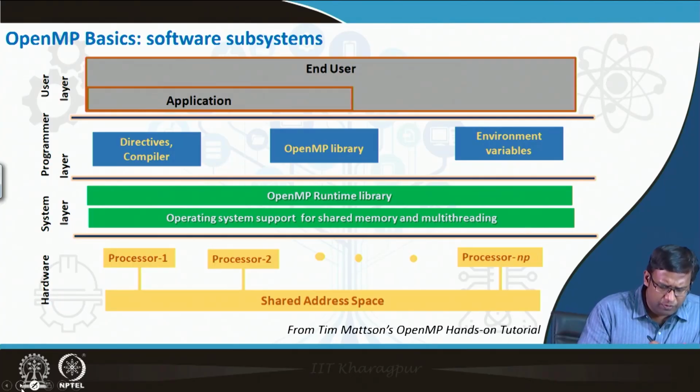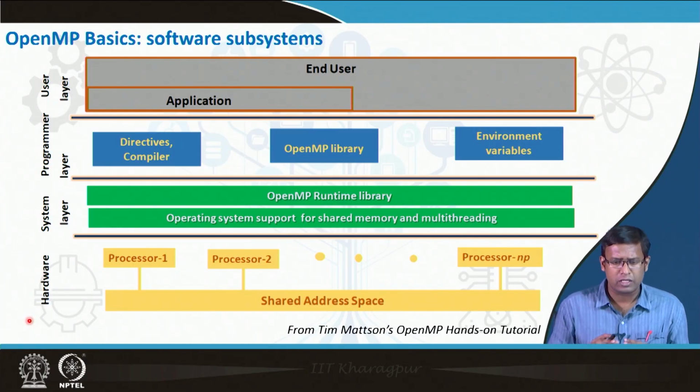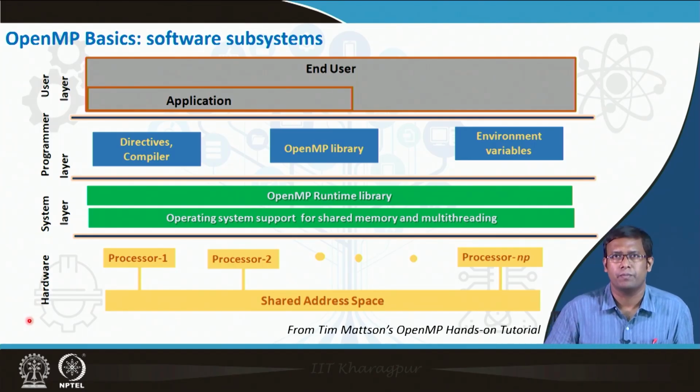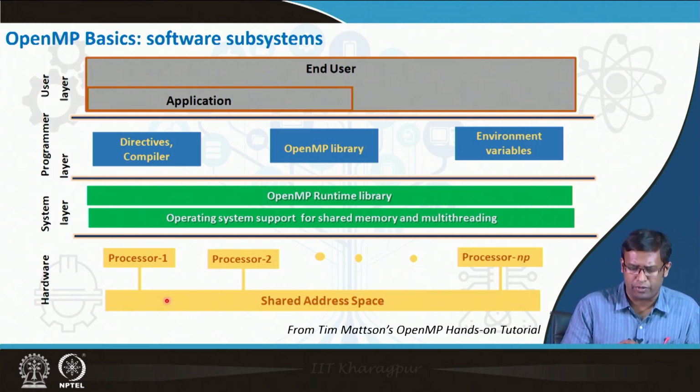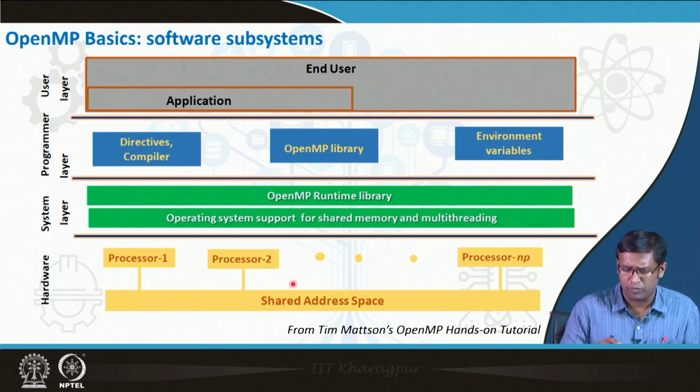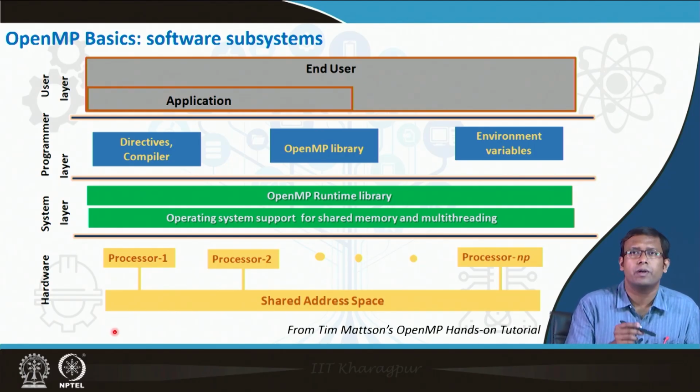Now if we come to the software subsystems of OpenMP, that is, how OpenMP works in terms of software development and software-based operation of a parallel program, how does it work? We can see that there is of course some hardware. There is a shared address space memory, DRAM, which is connected with multiple processors, and over this hardware OpenMP will work.